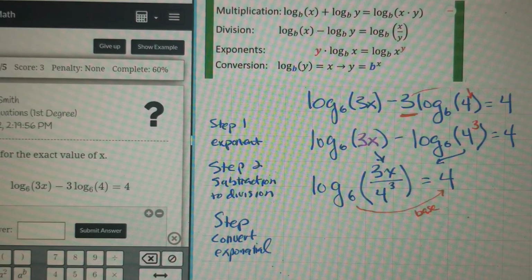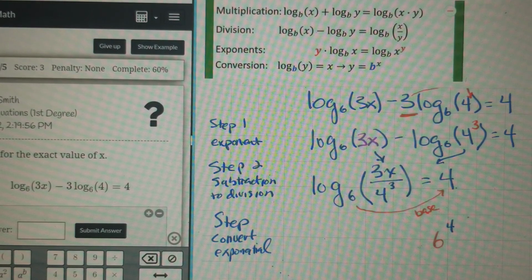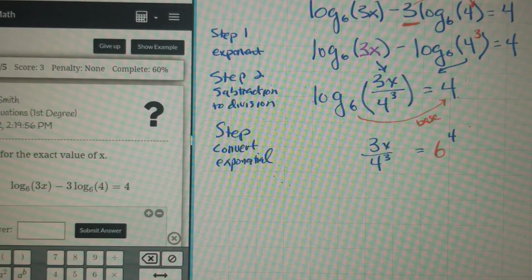That base is going to be right here, 6, and this 4 is going to become the exponent, and then we have 3x over 4 to the 3rd power. So now we just have an algebra problem. First we have to convert 4 to the 3rd power. 4 times 4 is 16 times 4 is 64. So we have a 64 there.